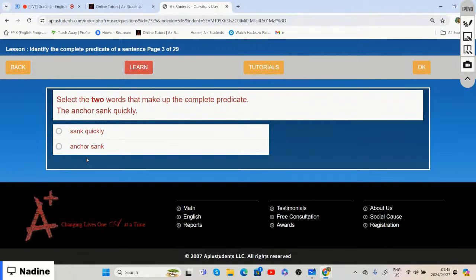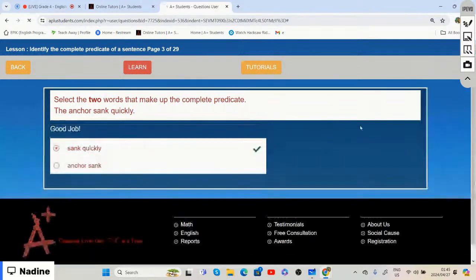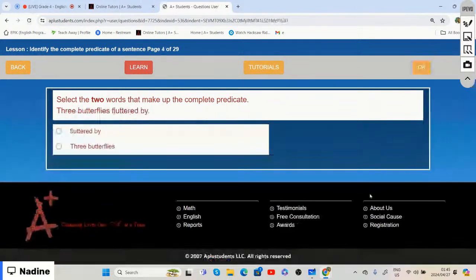If we were to select the correct one, we would say sank quickly. So well done. The first option is correct.